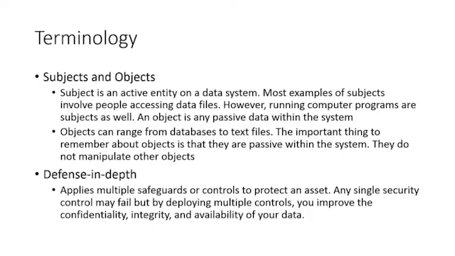Now, any single security control may fail along the way, but by deploying multiple ones, we're hoping to improve the confidentiality, integrity, and availability of that data. Because we want different layers. If you break through one, maybe you won't get through the next one. You break through the next one, maybe I'll stop you on the next one. Hopefully I can prevent you from getting all the way to the data. Sometimes it happens though, right?